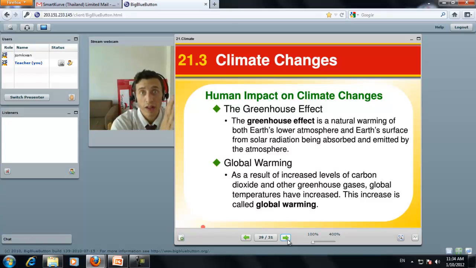Now that red end of the spectrum is the low energy end. So there's a type of radiation that's even lower than visible light called infrared, which means below red.